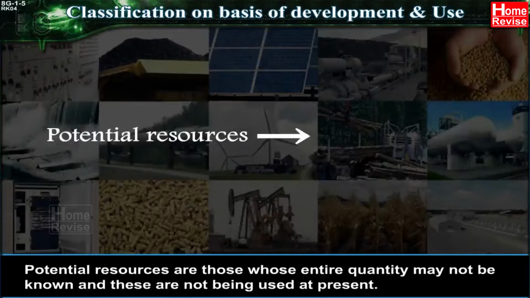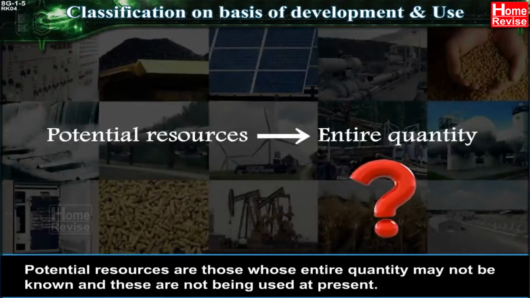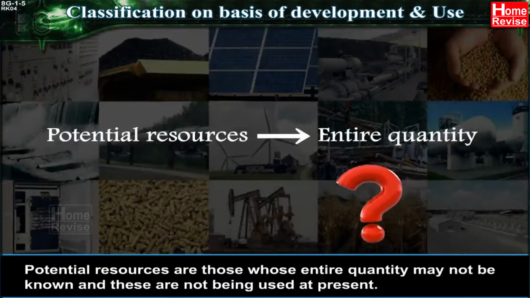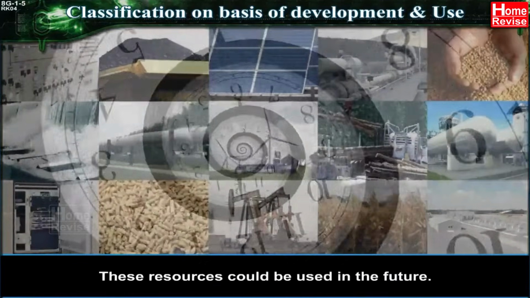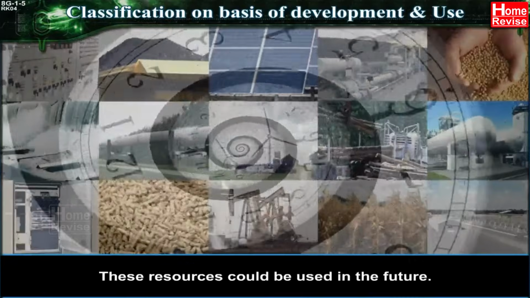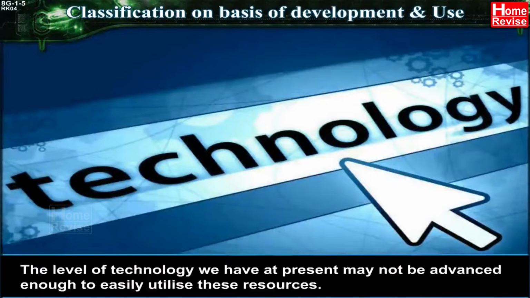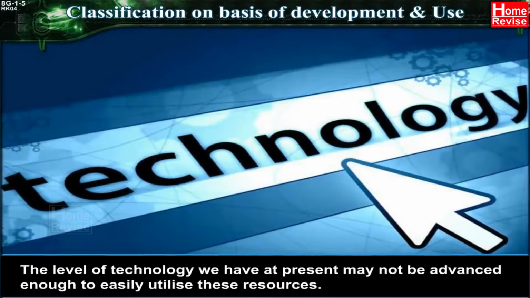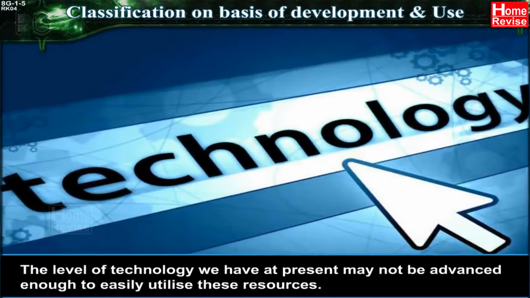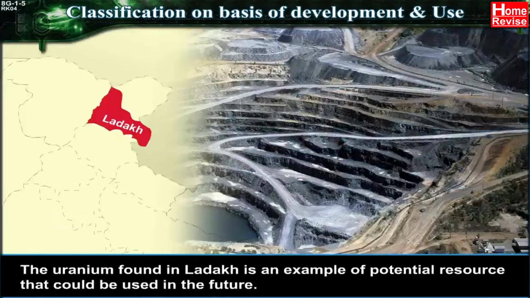Potential resources are those whose entire quantity may not be known, and these are not being used at present. These resources could be used in the future. The level of technology we have at present may not be advanced enough to easily utilize these resources. The uranium found in Ladakh is an example of potential resource that could be used in the future.